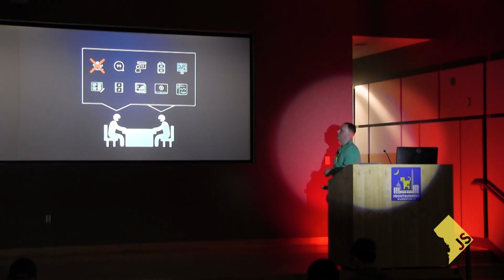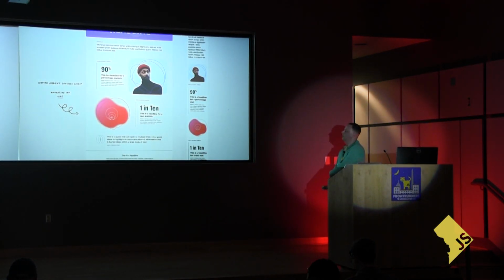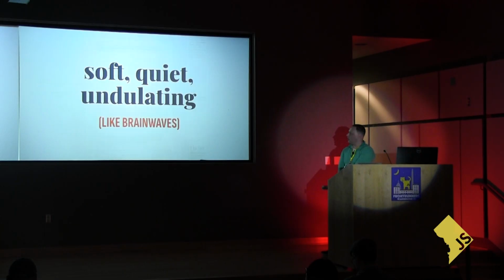I'll give a quick example of what this can look like. We had a recent project where there was one element that one of our designers, Andrew Greason, had made with the intent of motion, these little squiggly things on the pictures. When we met up to talk about it, he was able to articulate what he was thinking. He wanted them to move soft, quiet, undulating like brainwaves.